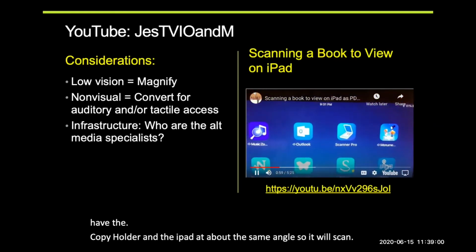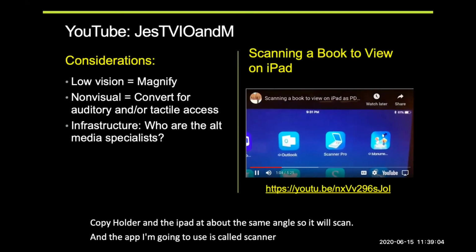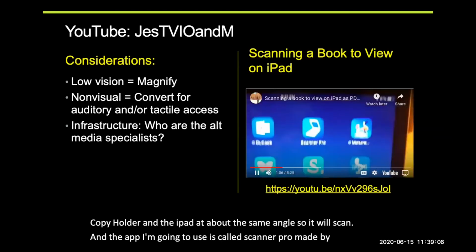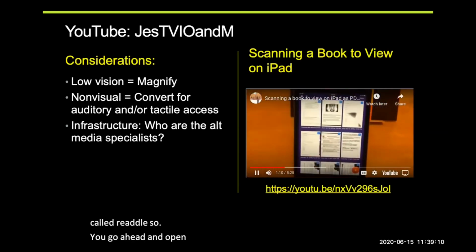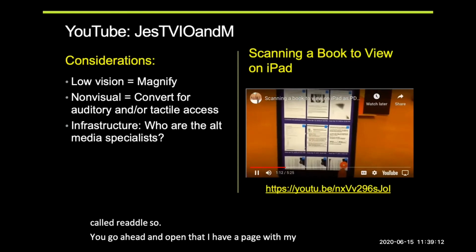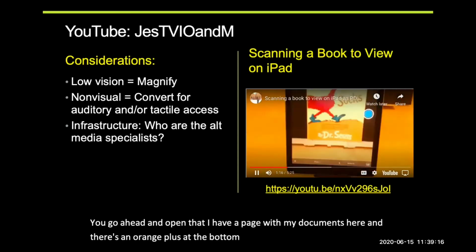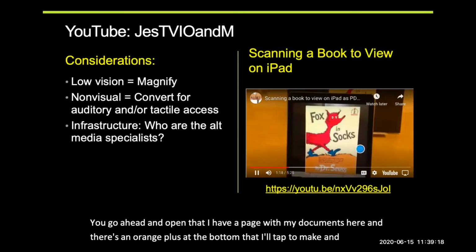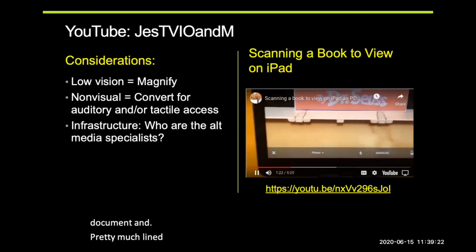And the app I'm going to use is called Scanner Pro, made by a company called Readdle. So let me go ahead and open that. I have a page with my documents here, and there's an orange plus at the bottom that I'll tap to make a new document, and pretty much lined up. At the bottom, I have a couple options.